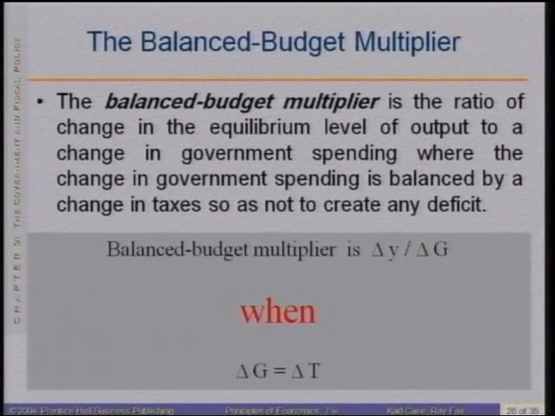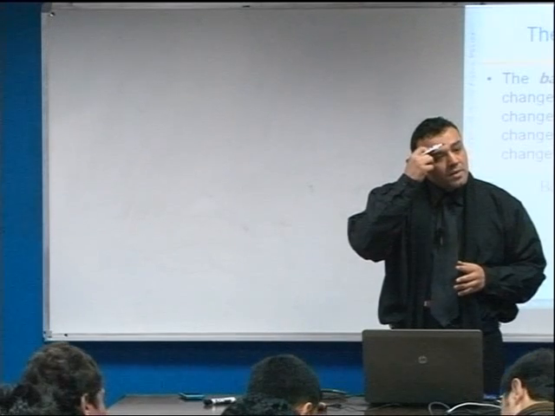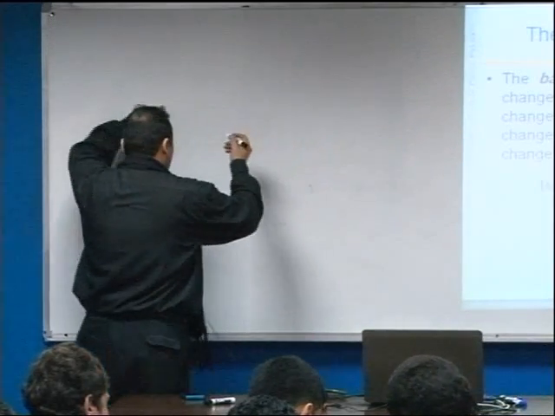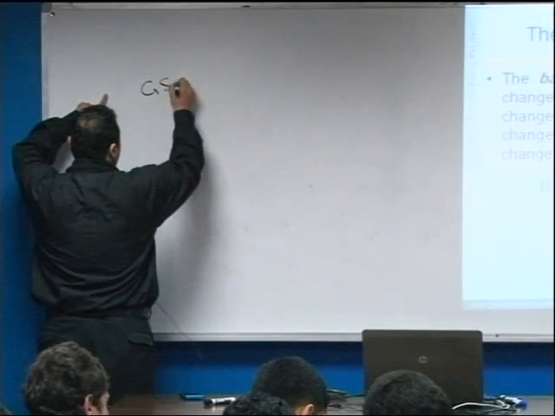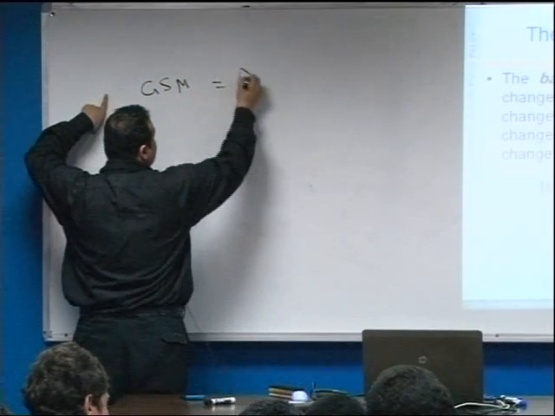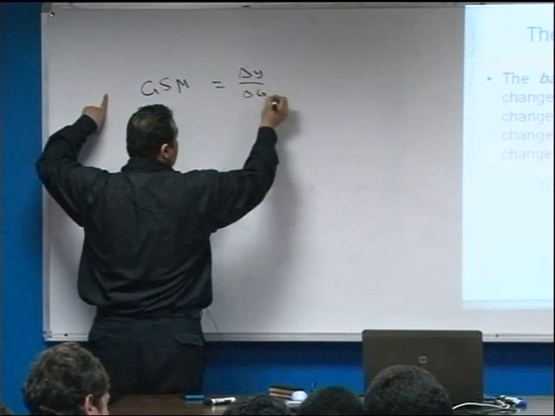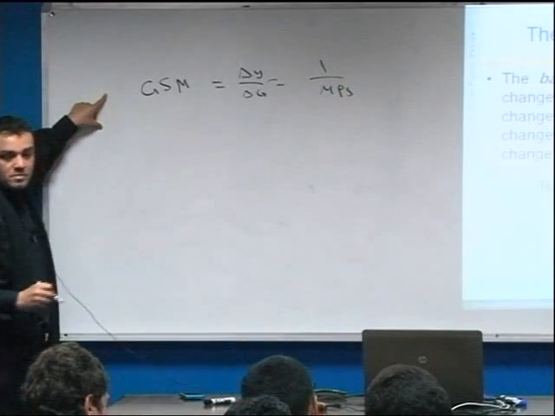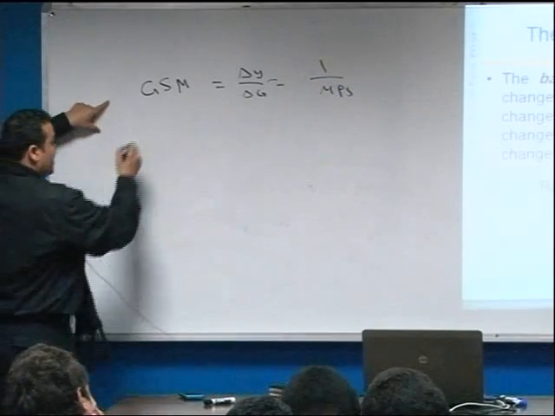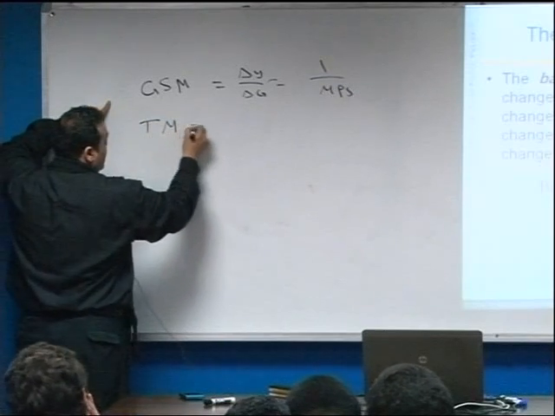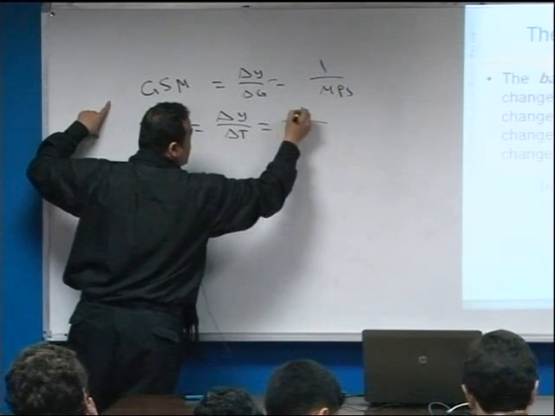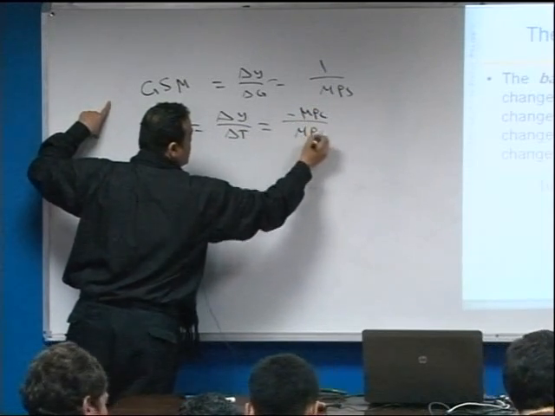The balanced budget multiplier. As we mentioned, the government spending multiplier equals delta Y over delta G, right? Which is 1 over MPS. And the tax multiplier equals delta Y over delta T, which equals minus MPC over MPS.